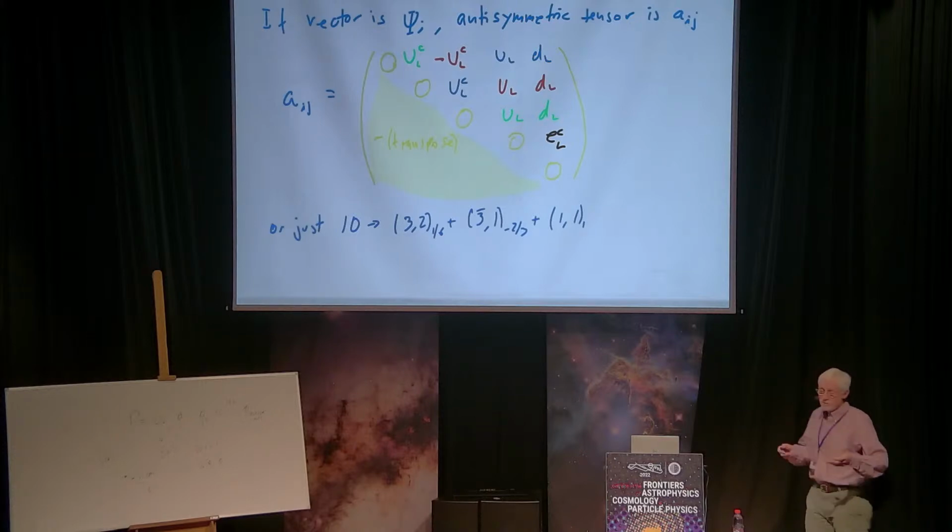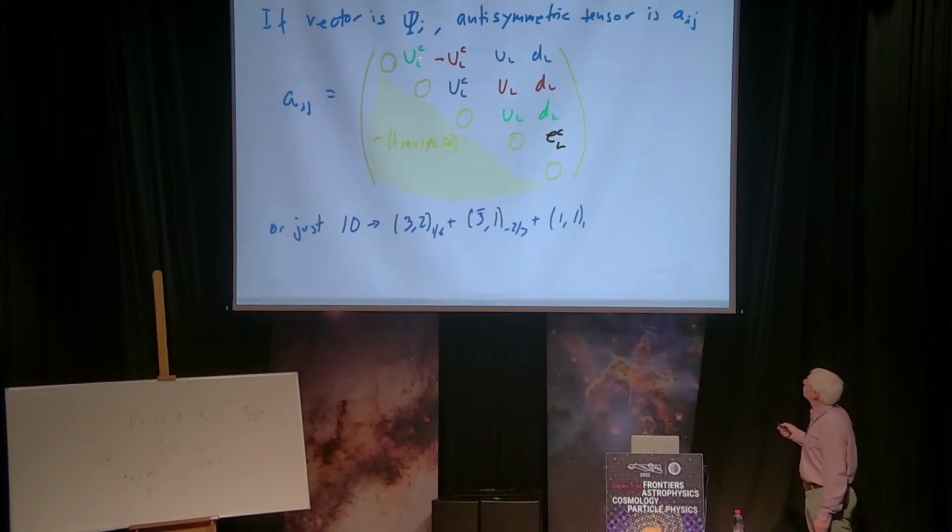I have to put all left-handed fields together into a field, so that's why this is what appears. And so they fit here. And then the right-handed electron field, its charge conjugate is a left-handed field, and it fits there. So this is the 10-dimensional representation.